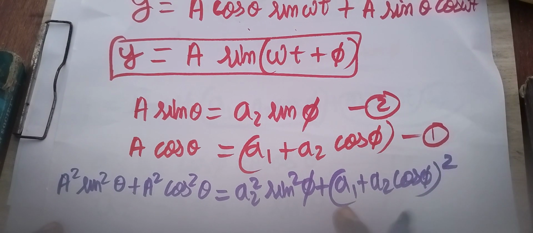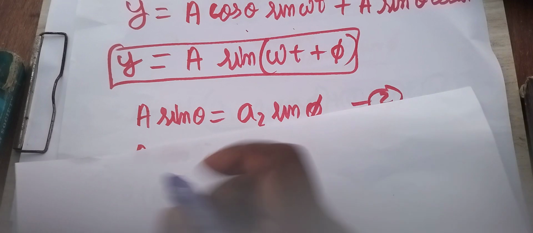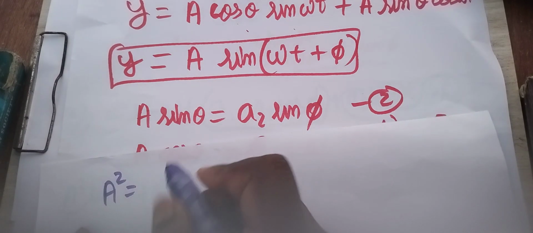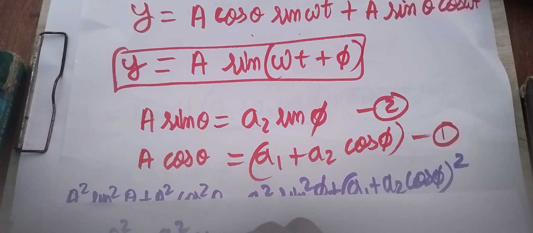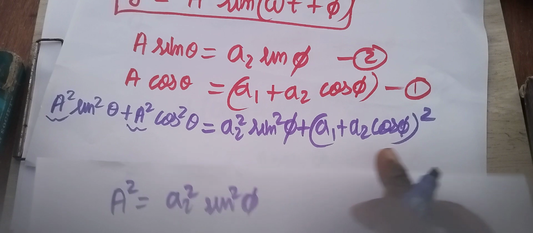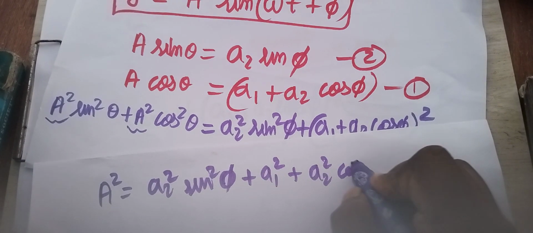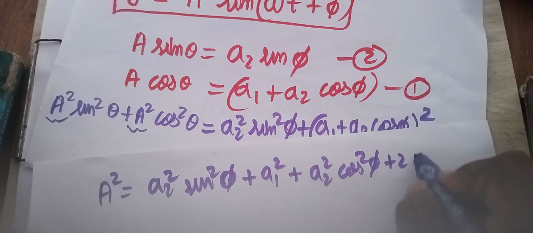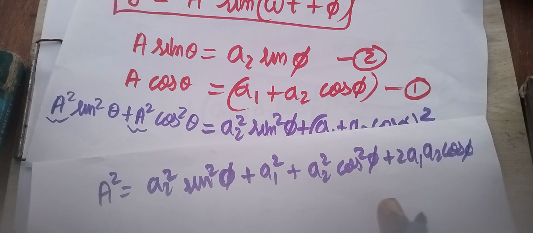This is the (A plus B) whole square formula: A square plus B square plus 2AB. Here common is A, take A square as common outside, capital A square. So is equal to A2 square sin square phi plus A1 square plus A2 square cos square phi plus 2 times A1 A2 cos phi, because of the (A plus B) whole square formula.